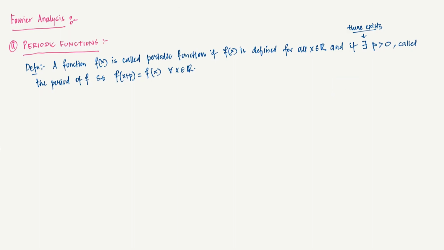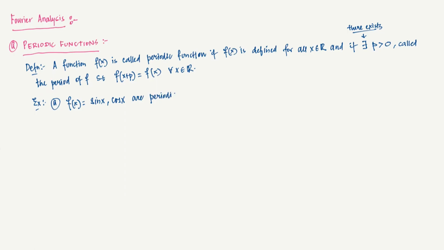So let us take up some examples of what periodic functions look like. Of course you do realize that sines and cosines are always going to be periodic. Let's say f of x equals sine x, or cosine x.